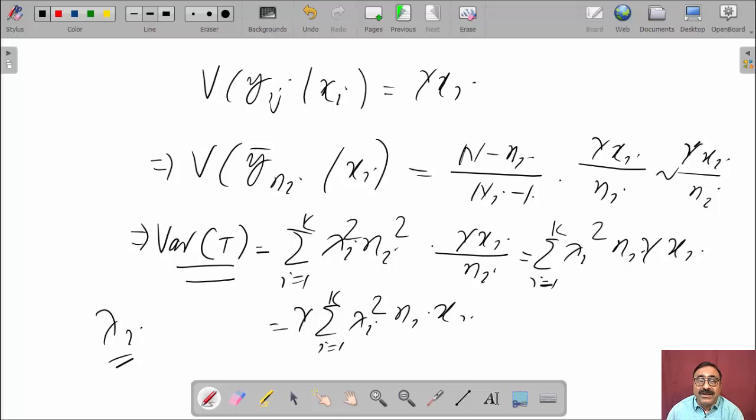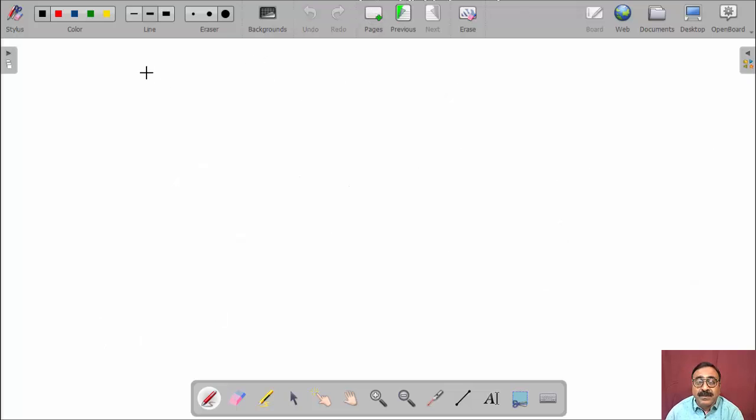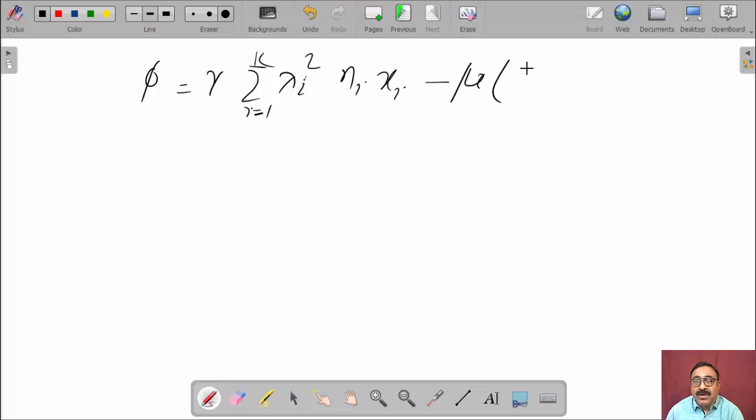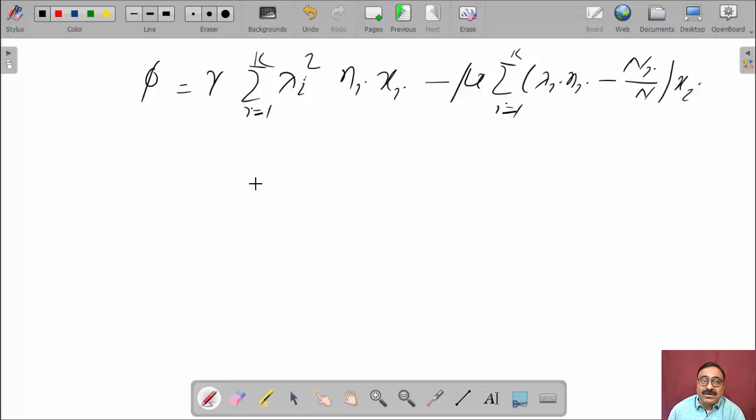So let us define a function phi equal to gamma summation i equal to 1 to k lambda i square n_i x_i minus mu into summation i equal to 1 to k lambda i (n_i minus n_i by n) into x_i. So this is the variance and this is the condition of unbiasedness.